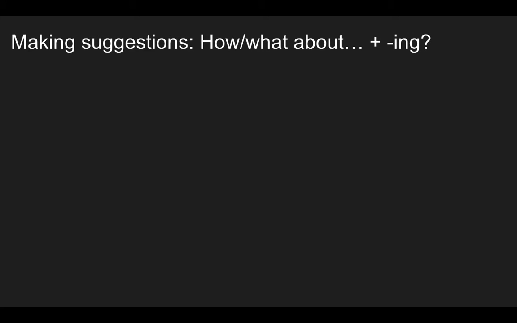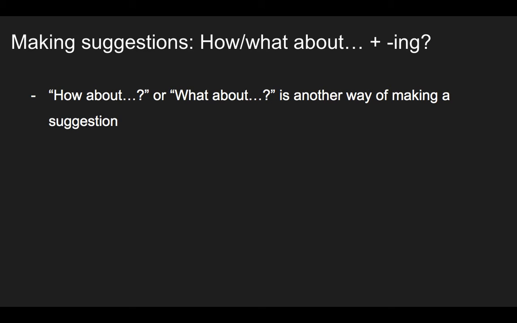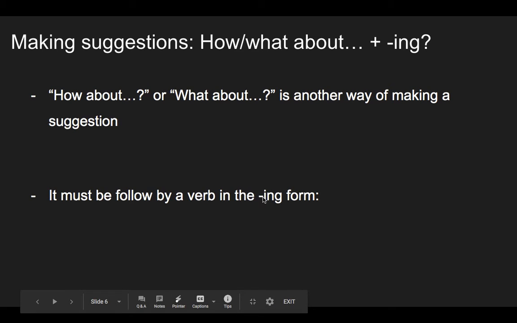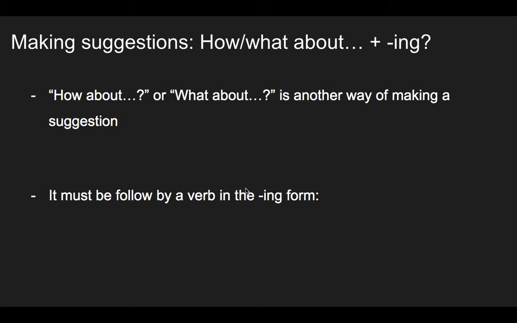Okay, 3 and 4, we'll look at these together because they're very similar. How about or what about? So how about or what about are our final 2 ways of making a suggestion. Must be followed by a verb in the ing form. You've seen this before with present continuous, for example. I am speaking English.